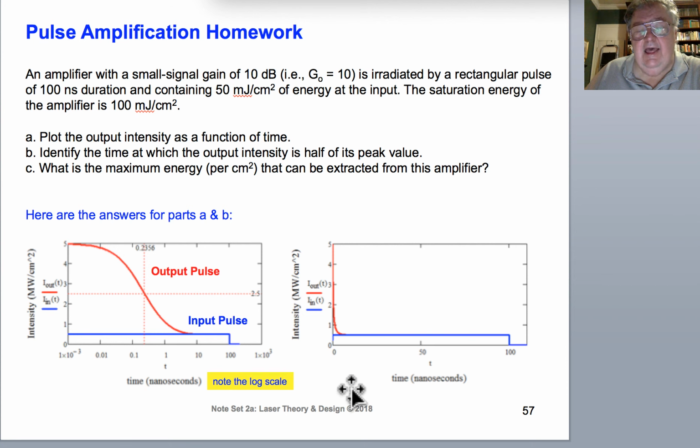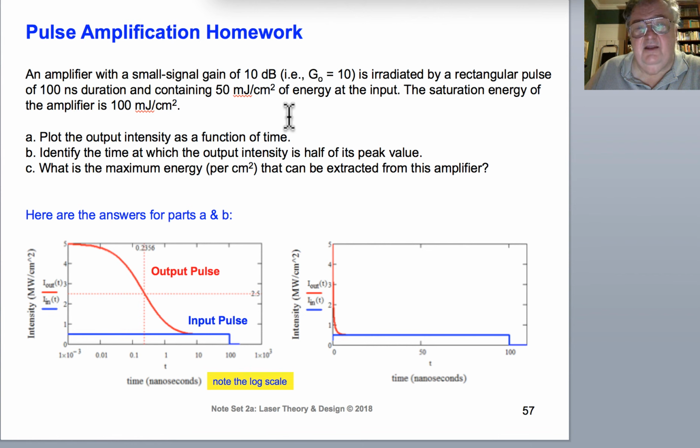So there's nothing left other than transparency for the remainder of time. So you see what's happening is whoosh, you're getting a lot of gain at the input of this thing, but that gain is going to drop, or this is intensity I'm plotting. So you get a big burst of intensity, amplification, right? Here's your input, here's your output. It's like 10 times bigger.